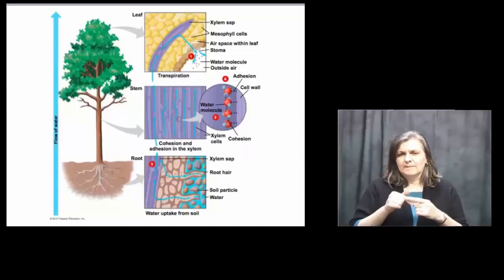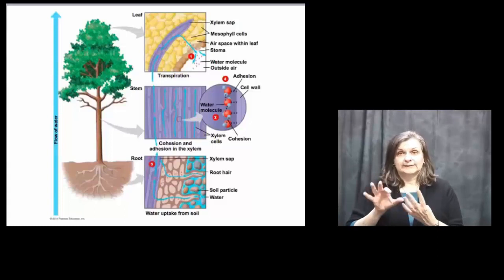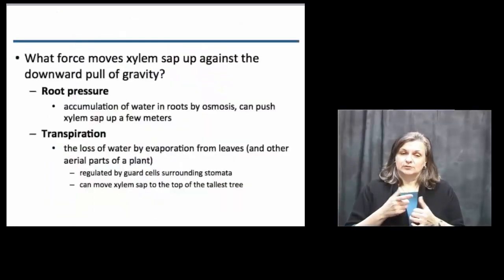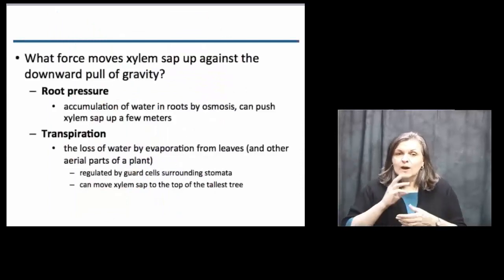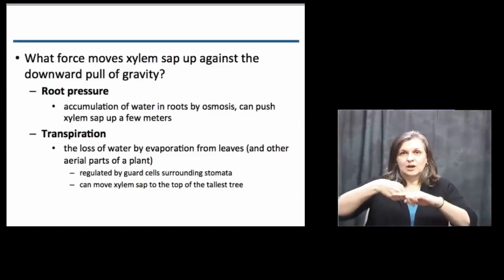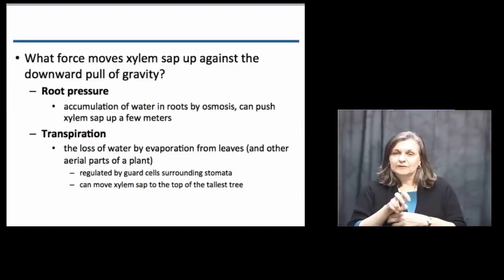So the whole goal is to get water to move up this plant. How can we do it? Well, we have a couple of choices. The first part is getting water to move into the xylem. So we have to establish what we call root pressure. Essentially this is moving water by osmosis.